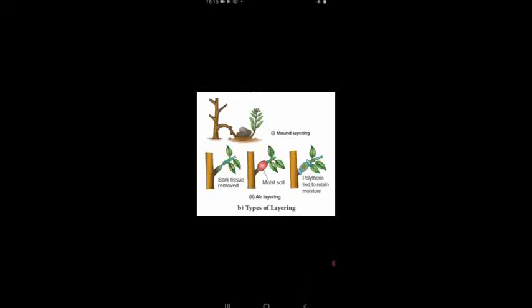After a few weeks, part of the stem is exposed above the soil, and the buried stem portion produces roots in the nodal region. Once the root is fixed into the soil, we cut the parental plant and the new one develops into another new plant. That is called mound layering.